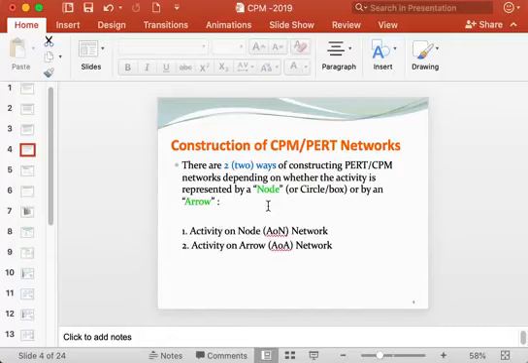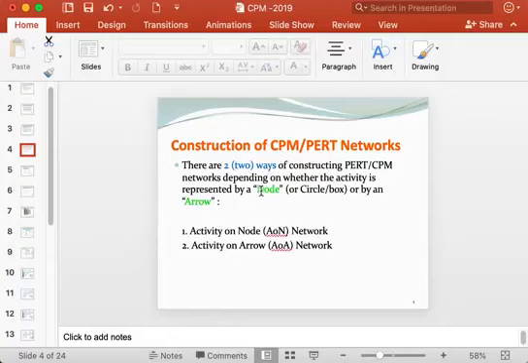Or in other words, the two ways of constructing CPM and PERT networks depend on whether an activity is represented by a node, which is nothing but a circle or rectangular box, or whether an activity is represented by an arrow.